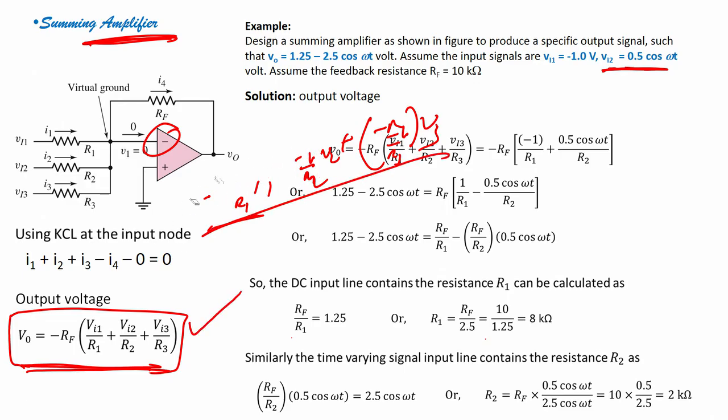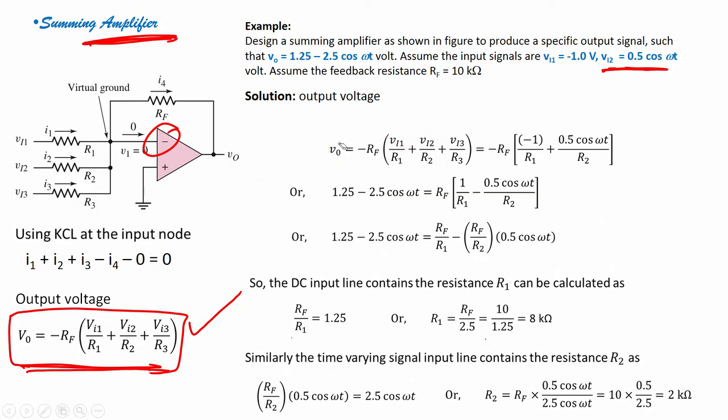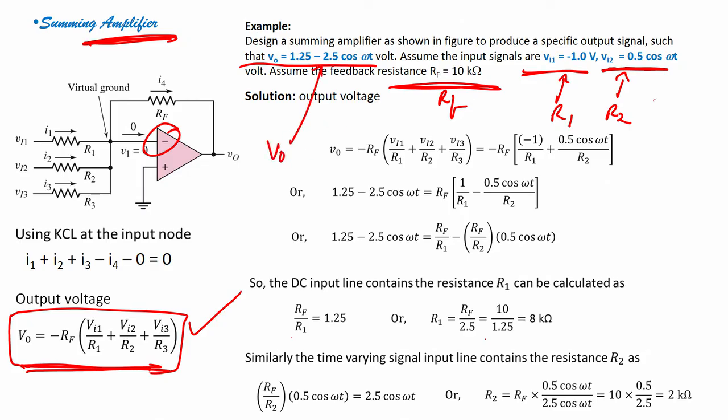Once I know this equation, if I am given a problem, which is shown here, for a given output voltage, if you have two input signals and you have feedback resistors, then we can solve the value of R1 and R2, because there are only two voltages V1 and V2. We are given the value of RF, the value of VO, and the values of V1 and V2, everything is given.